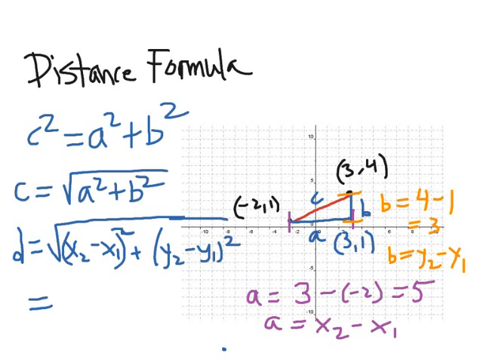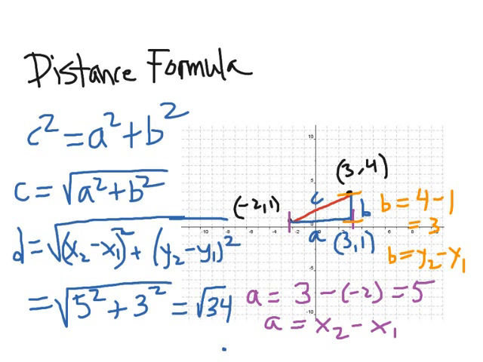That was 5, so that would be 5 squared. Plus y2 minus y1, that's 4 minus 1, that's 3, 3 squared. And then we square root the whole thing. So we end up with the square root of 25 plus 9, that's 34. Alright, so there's the distance formula. You subtract the x's and square them, you subtract the y's and square them, you add those two answers together, and then you square root the whole thing.